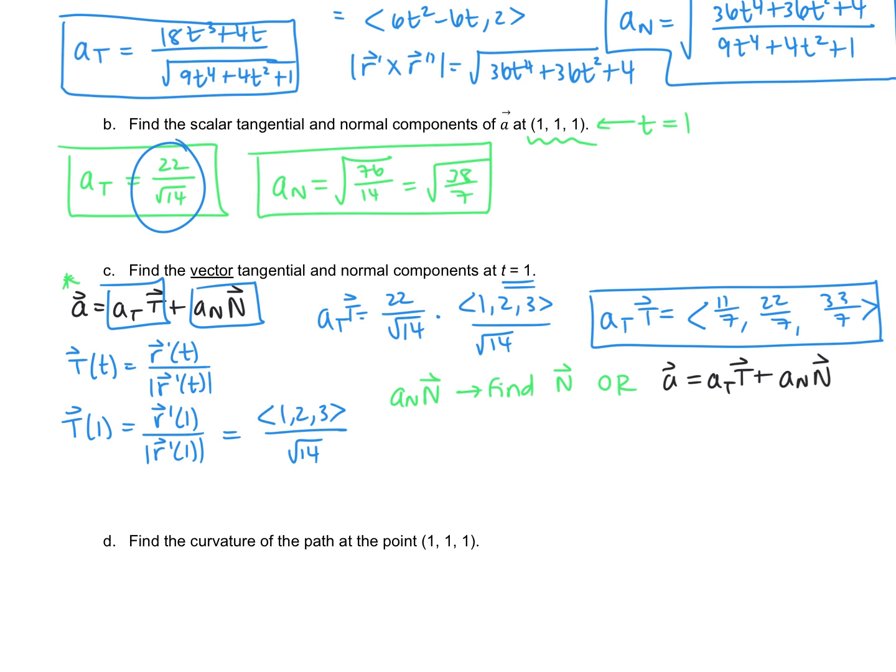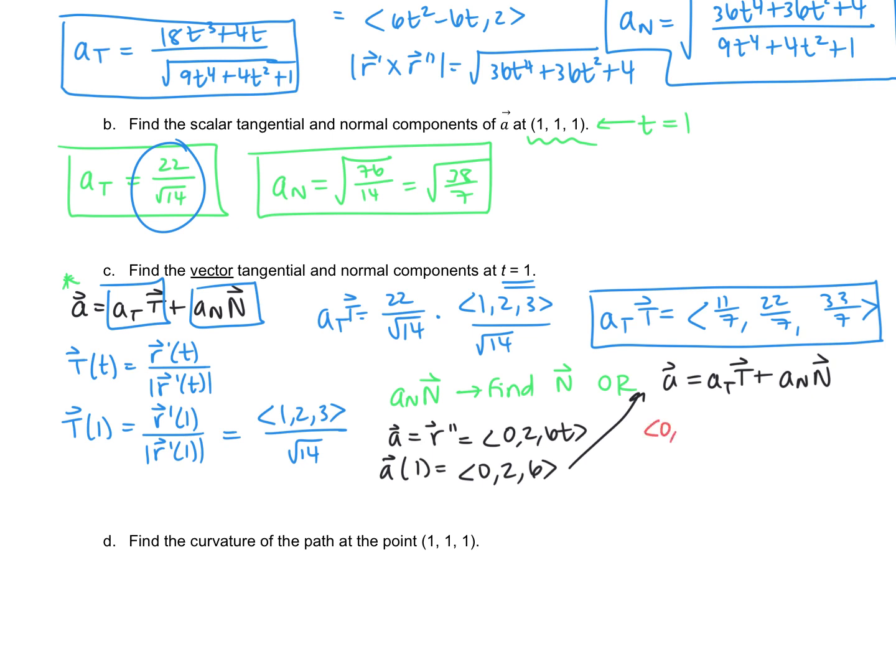Well, acceleration I can find. In fact, we already found acceleration. From up above, acceleration is just the second derivative of r, which we found to be 0, 2, 6t. So our acceleration at 1 is 0, 2, 6. What we're going to do is substitute in here.